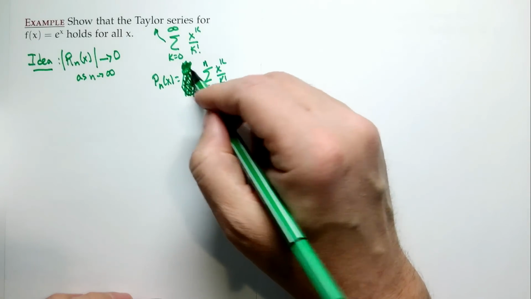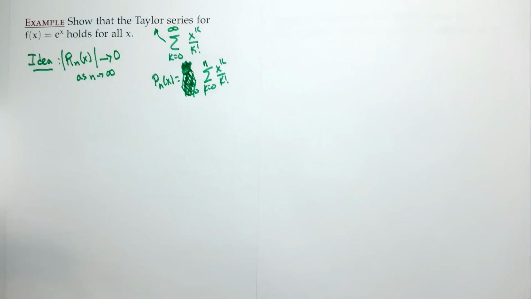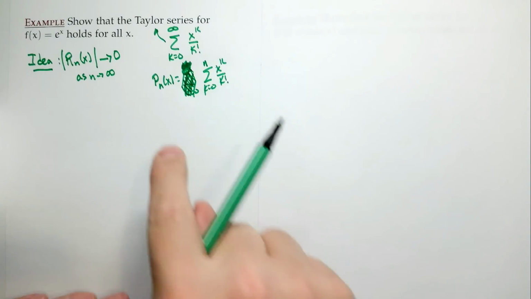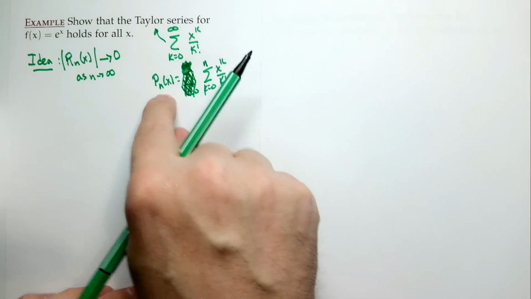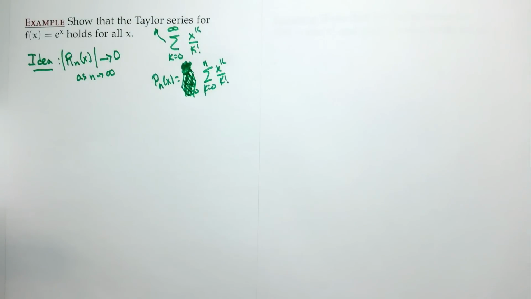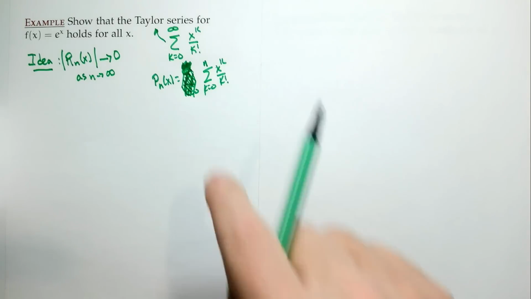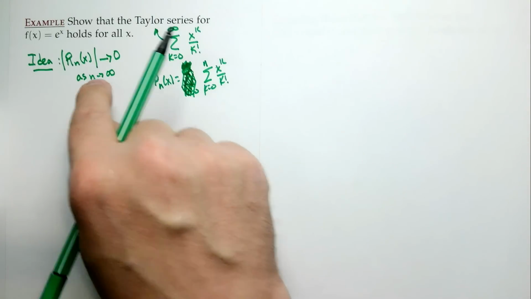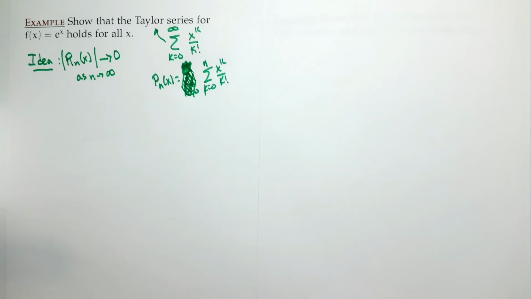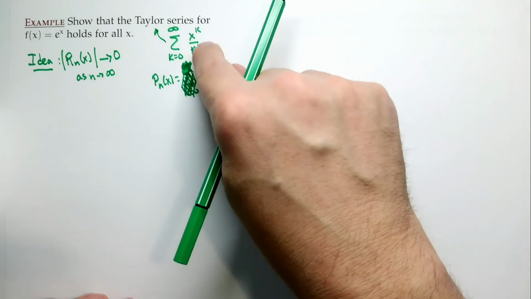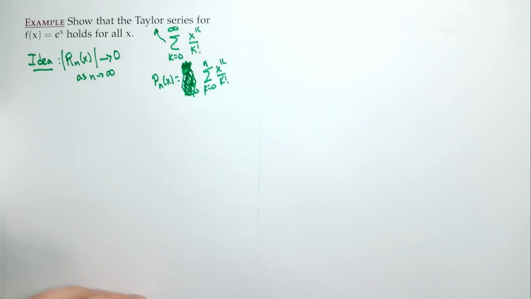You don't go all the way off to infinity. So let's look at Pn of x versus e to the x. They're going to be off for any particular value of x, and we ask, as we add more terms, what happens to our error? If our error goes to 0, then Pn of x, which converges to this sum, is also going to converge to e to the x. Okay, so that's our goal.